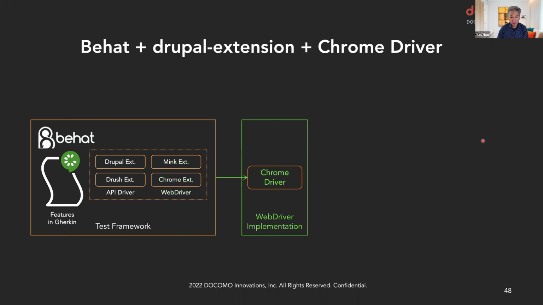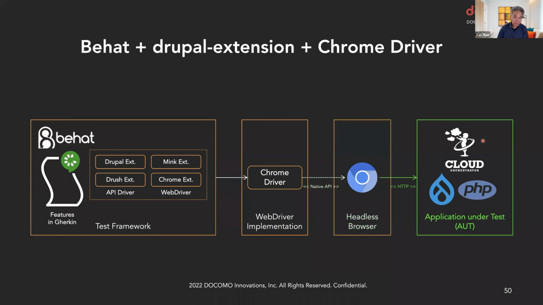The Behat command invokes a web driver for the Chromium web browser. And the Chrome driver calls the native API of a headless browser, which means a virtual browser without any GUI, as a process on a Linux server, for example. So this headless browser is actually just a process on an operating system.